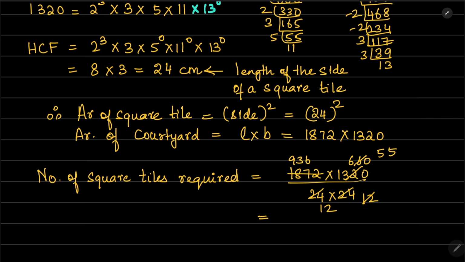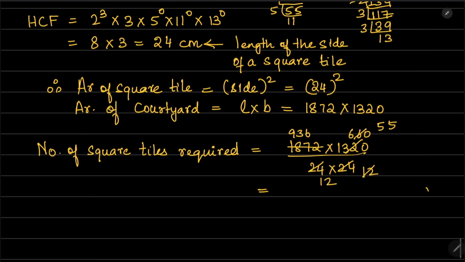So 12, you can divide 936 divided by 12. You will get 78. So 78 multiplied by 55 should be your answer.